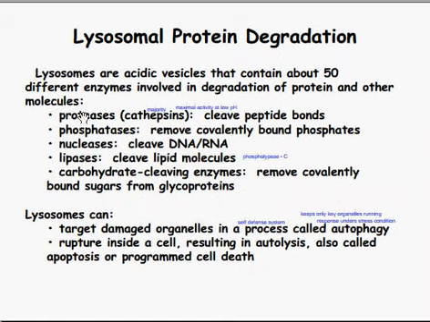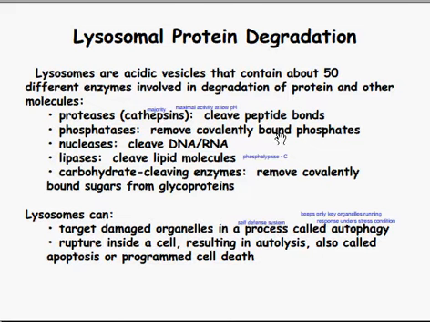The lysosomes are acidic vesicles that contain about 50 different enzymes involved in degradation of proteins and other molecules. Proteases, or cathepsins, are the majority of what you'll see in lysosomes. They have a maximal activity in a lower pH environment, and they cleave the peptide bonds.